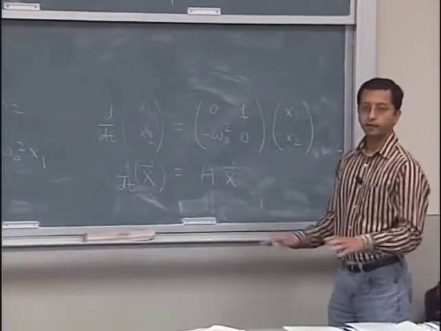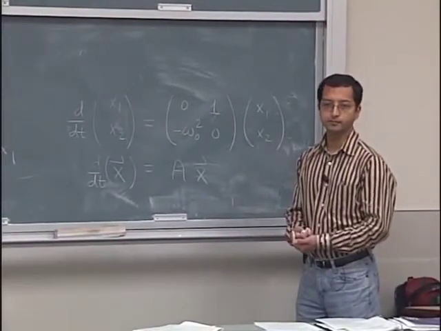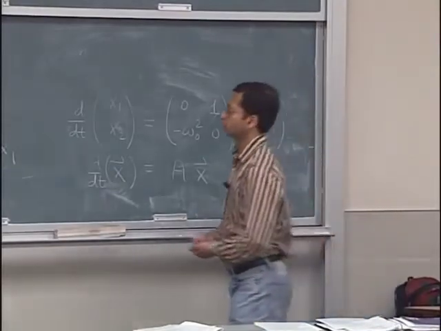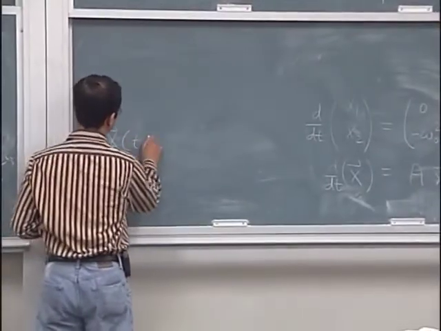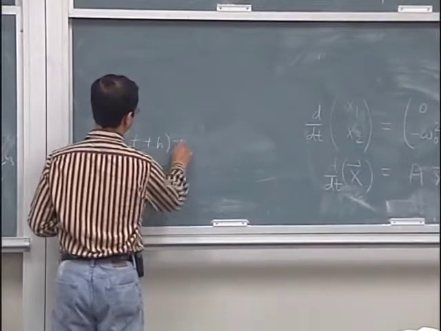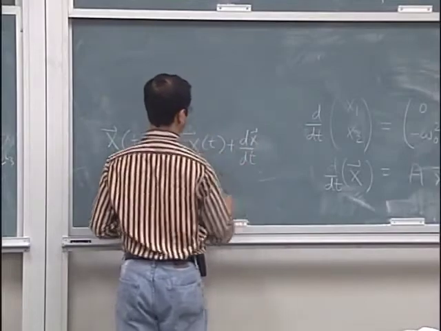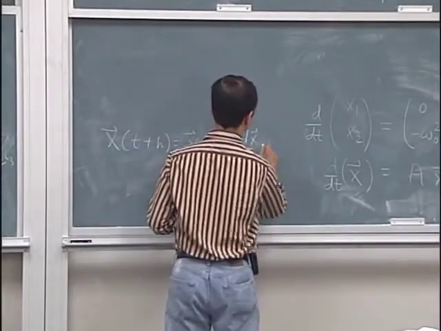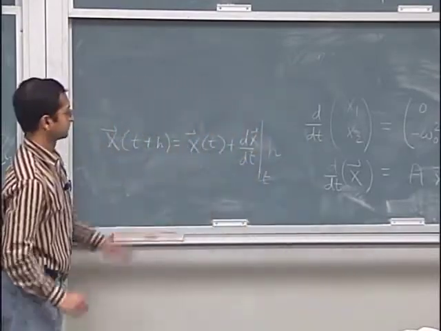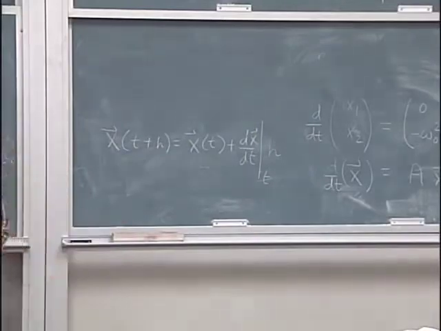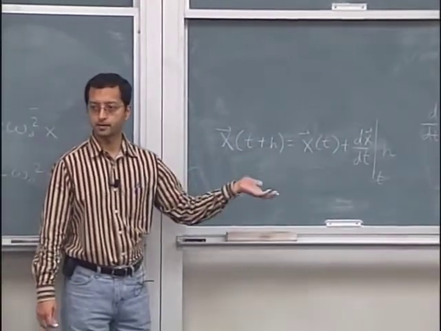Okay. So can you tell me how to proceed from here using the Euler scheme? You need to write the Euler scheme: x(t plus h) equals x(t) plus dx dt at t times h. Okay. It's the same formula, same Euler scheme. The only difference is now you need to do it in the matrix form. That's the only difference. Everything else is the same.